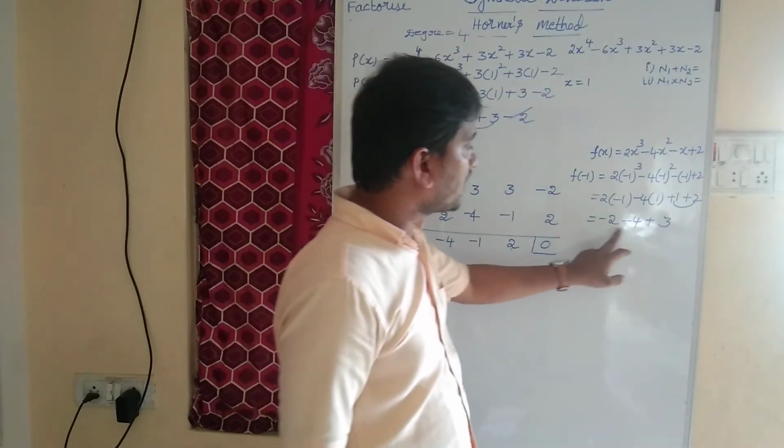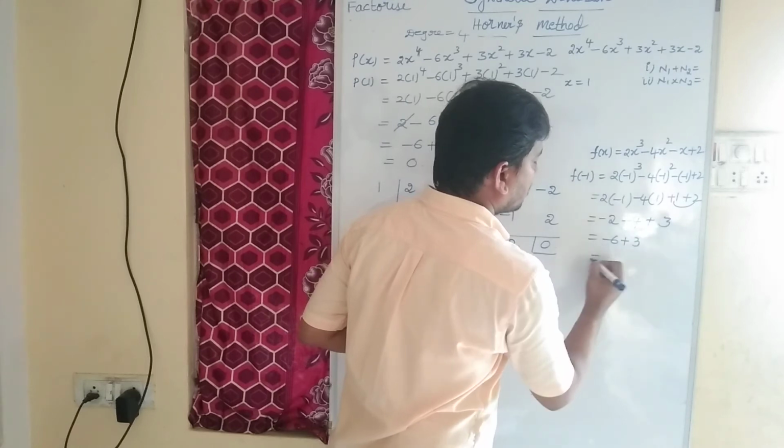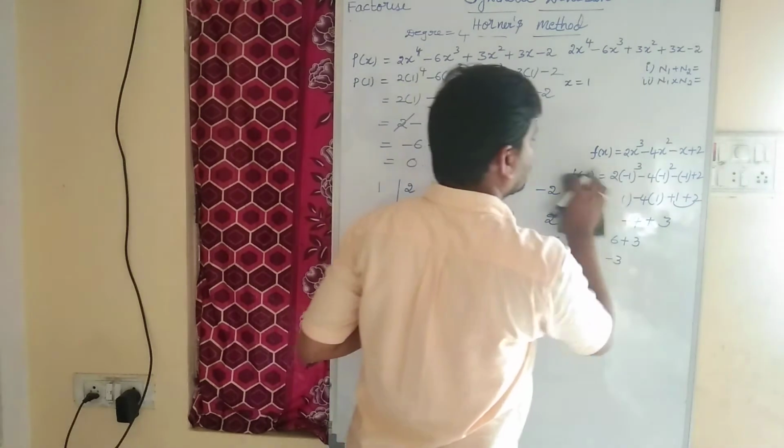In this case also minus 2 minus 4 minus 6, minus 6 plus 3, which is minus 3. Do we get result 0? No, children. So what we have to do?